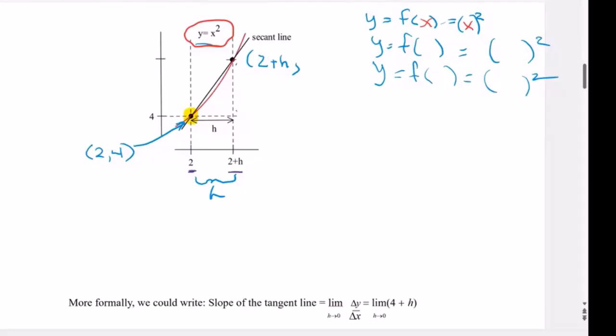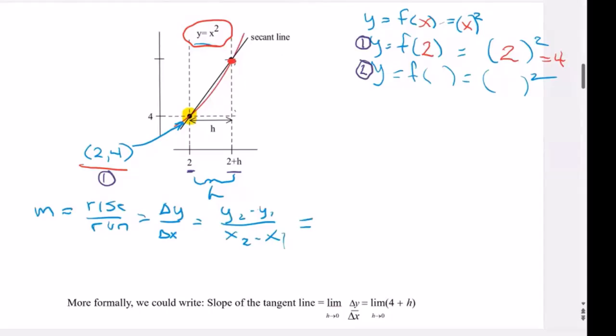Now, if I plug in 2, I have 2 squared, which is equal to 4, which is the same as this point right here. Another point x, which is 2 plus h, and here we have 2 plus h. So my ordered pair is my x value at this point is 2 plus h. My y value is 2 plus h quantity squared.